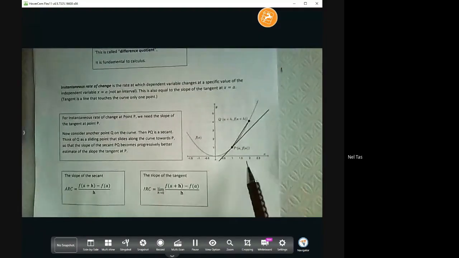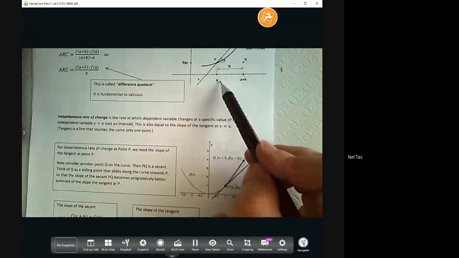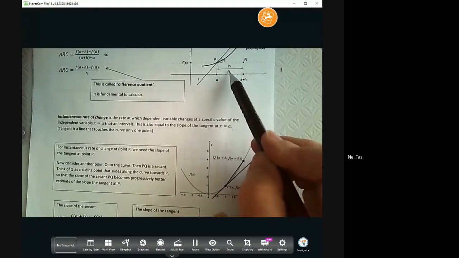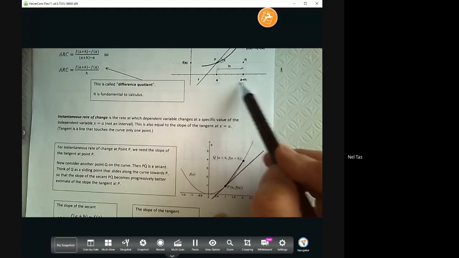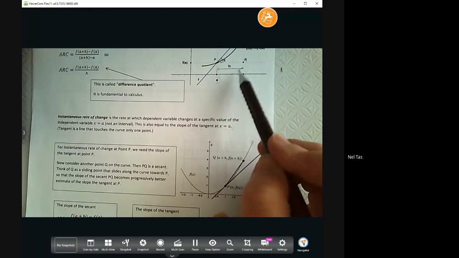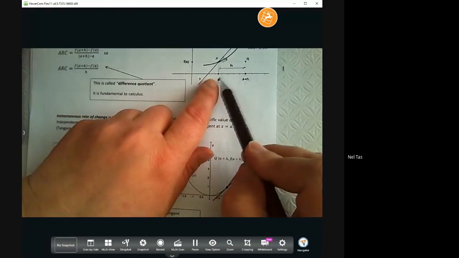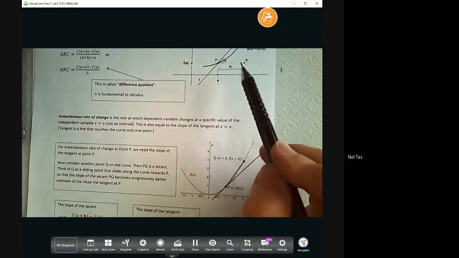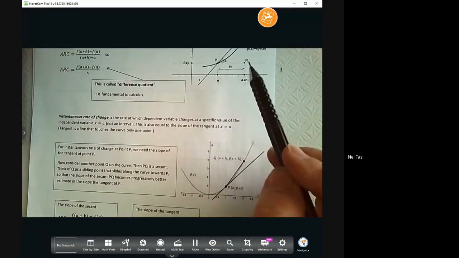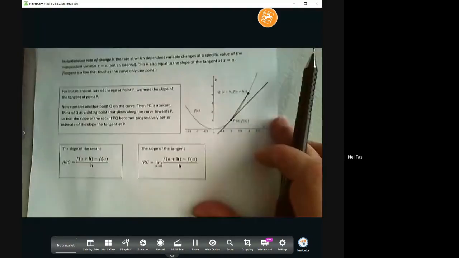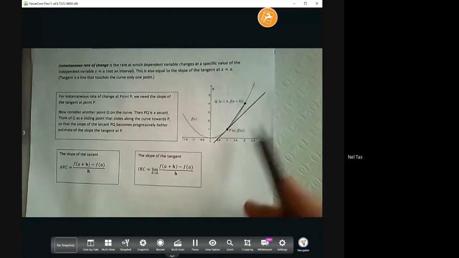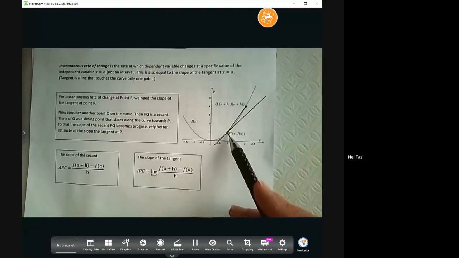Remember here, if this is the x coordinate a, the difference between those two coordinates is h. Therefore, we said this is a plus h. We want those two points to be very, very close, so we want h to be almost 0. Therefore, how can we calculate the slope of the tangent here?